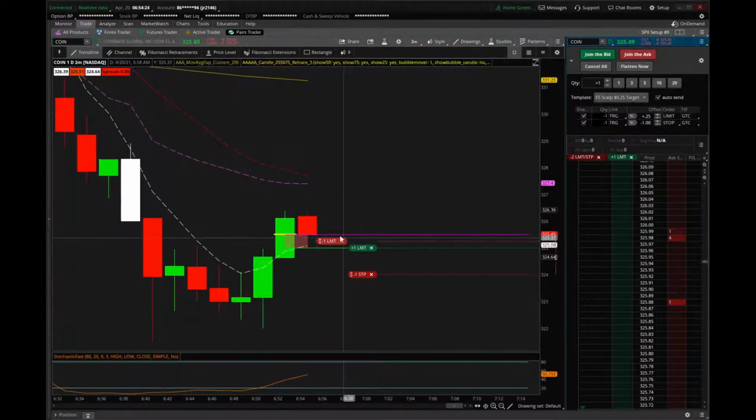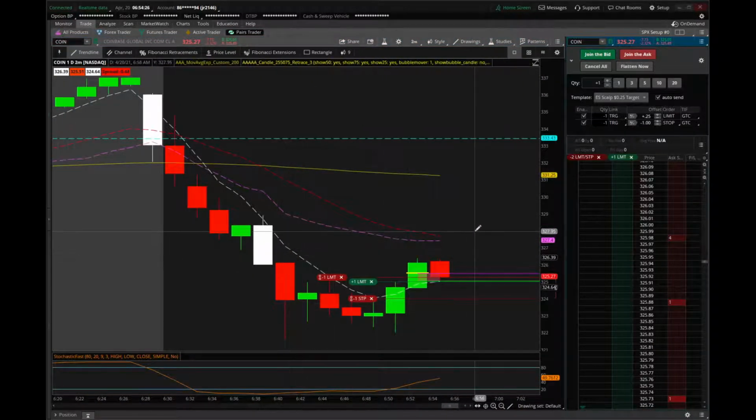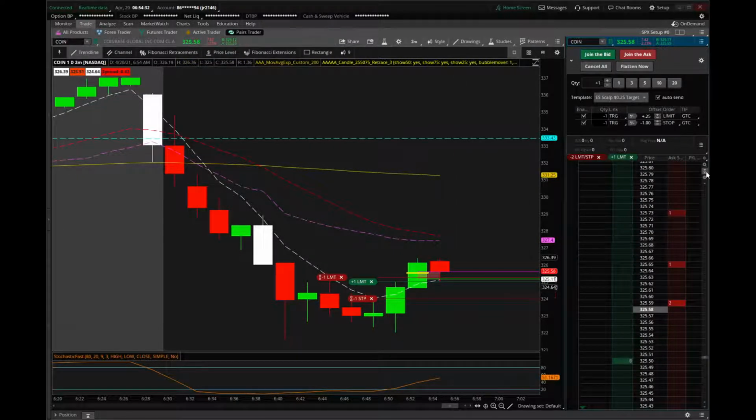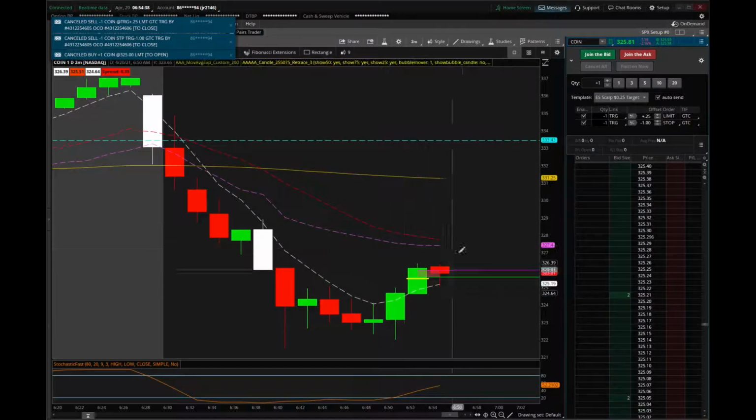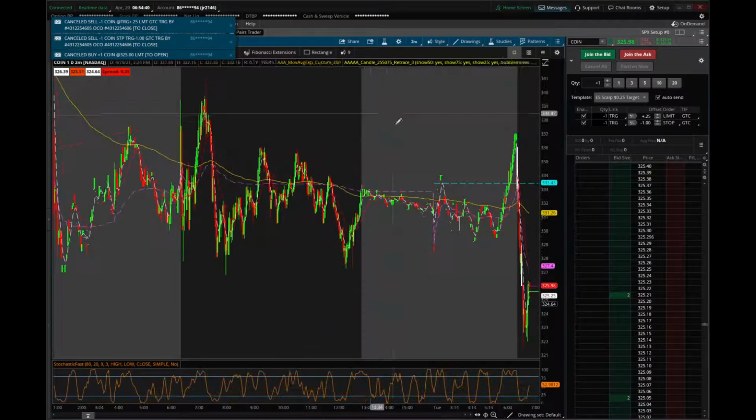Nice spread. See if I could get filled on the spread. And this is what I don't personally like about coin. It just doesn't trade clean.